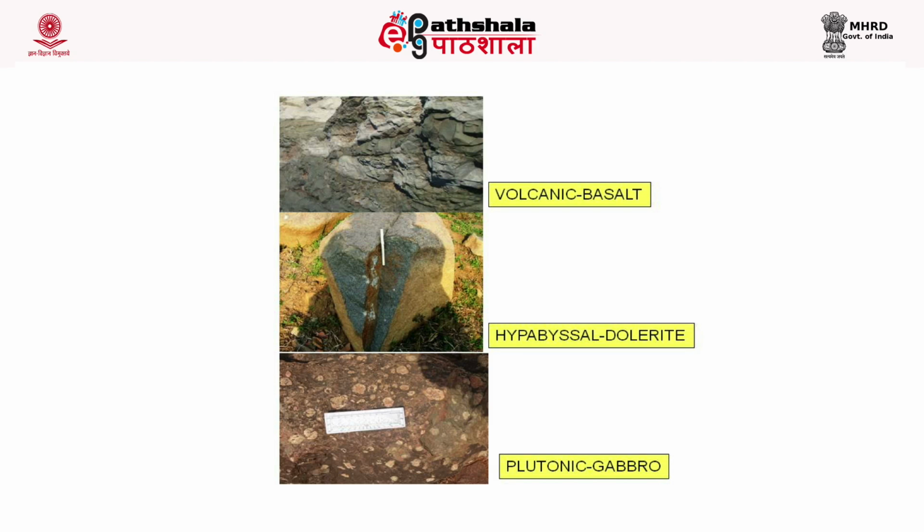Second photograph is of dolerite, that is a hyperbasal rock. Here you see medium grained interlocking texture. Plutonic rock, in this photograph you can see the example of gabbro. You can see phenocrysts of plagioclase, and gabbro is a coarse grained rock. It forms under plutonic conditions.